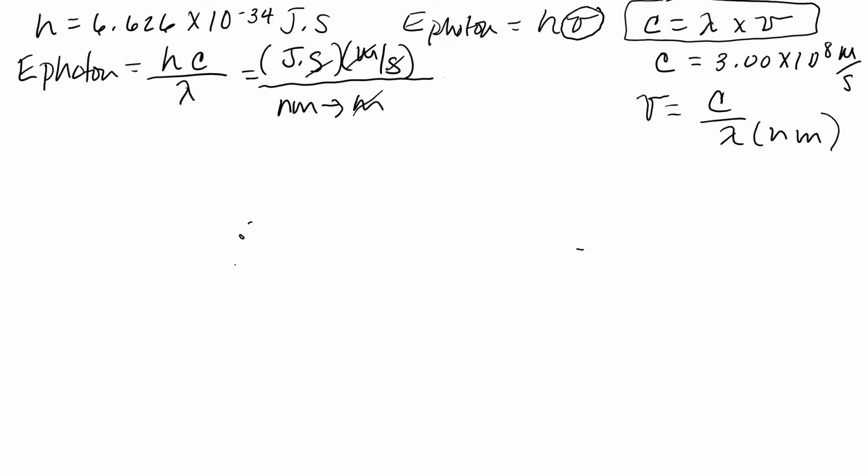Seconds and meters cancel, and the final unit then would be joules. In the original equation, this is joules times second, Planck's constant, times 1 over s. So seconds cancel and energy then is in joules.